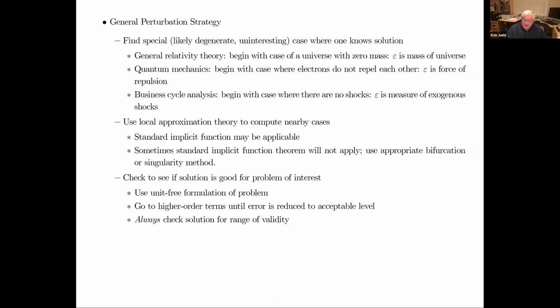But if you want to proceed in a valid fashion, you would do the log linearization, do the Taylor series expansion, and then see if it appears to produce a valid answer. And we will, in our examples, do that. So yes, you should always check the solution for the range of validity. Standard practice in macro is no, you don't want to do that.